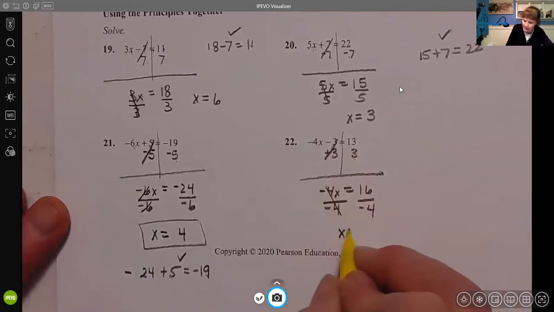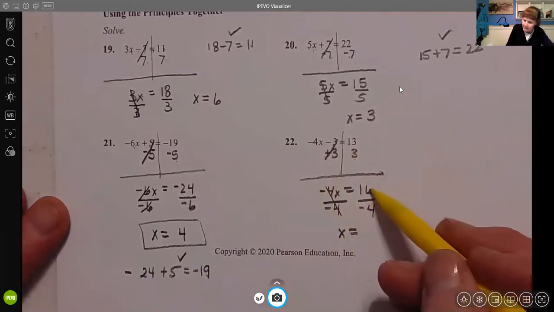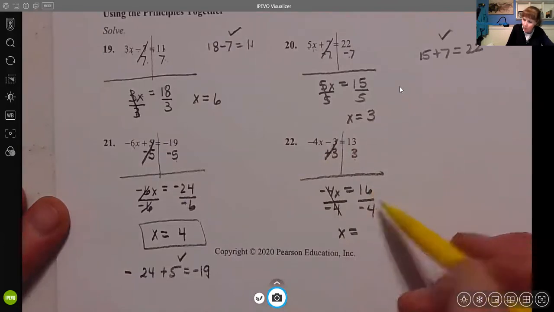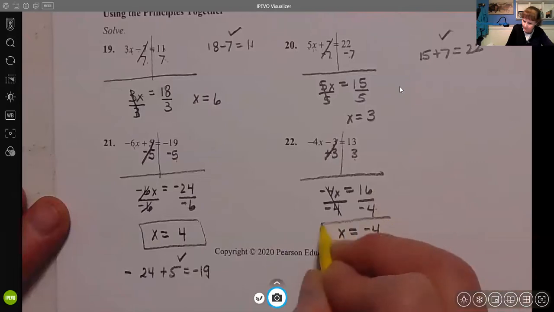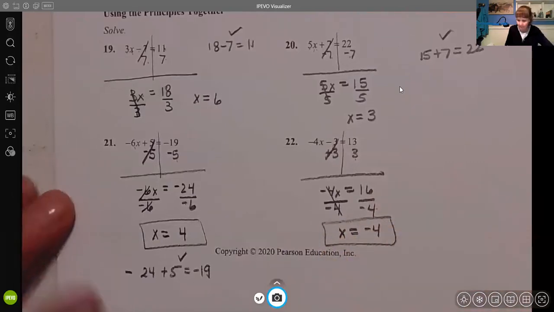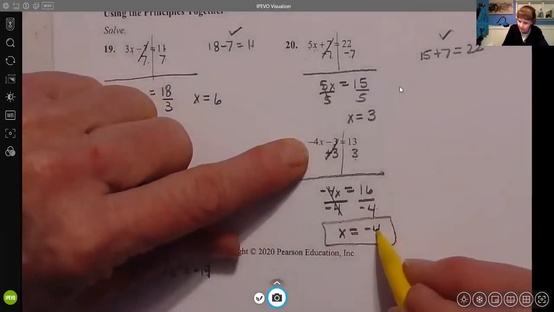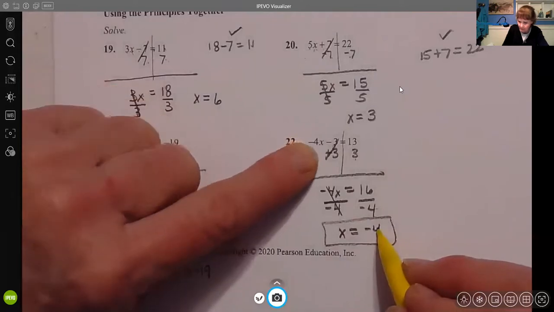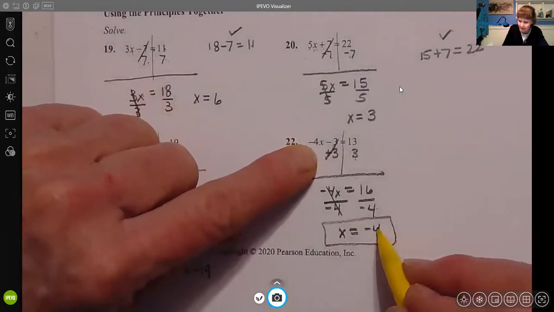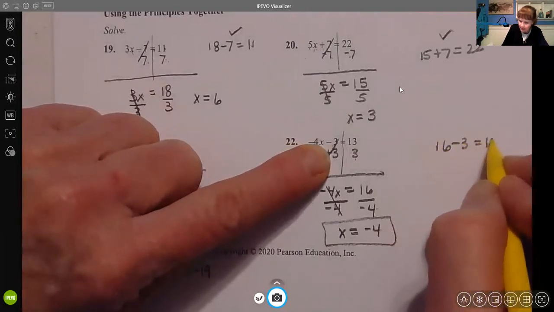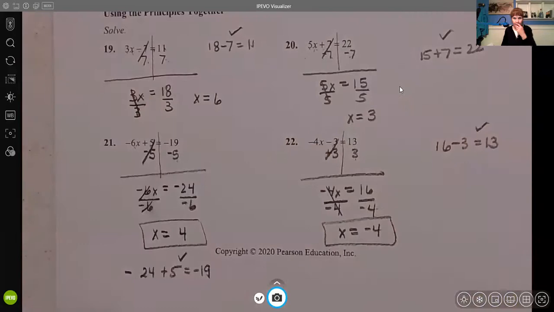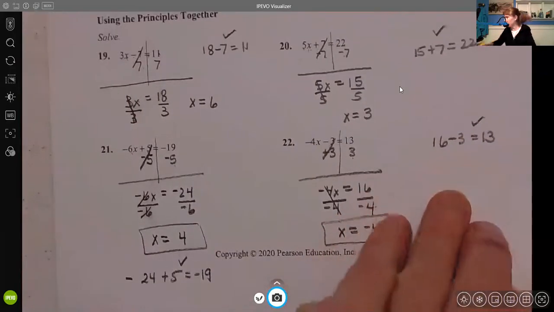So you get x equals 16 divided by a -4 is a -4. Let's try to check. -4 times a -4, that's what that means, is a +16. -3 is 13, so it checks. It works.